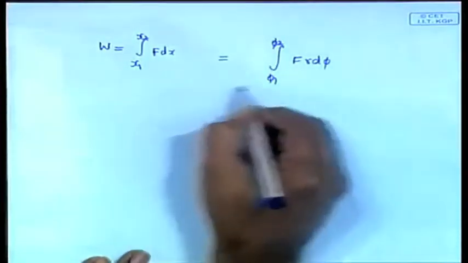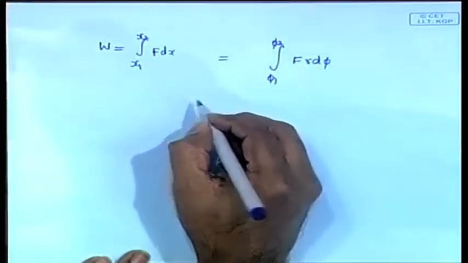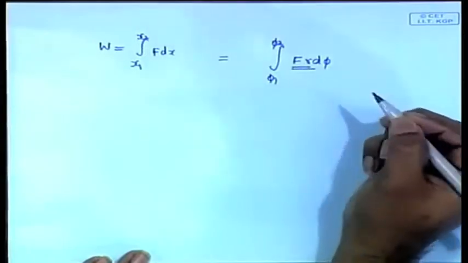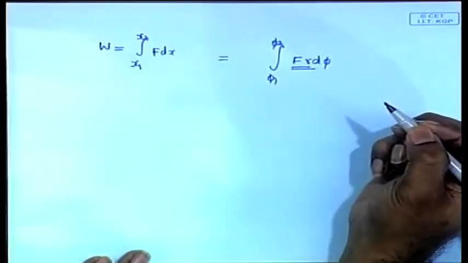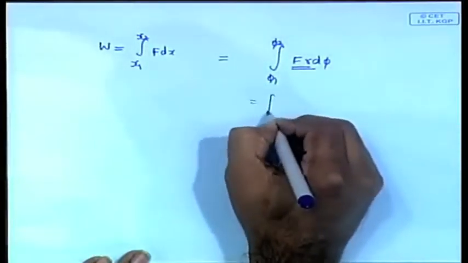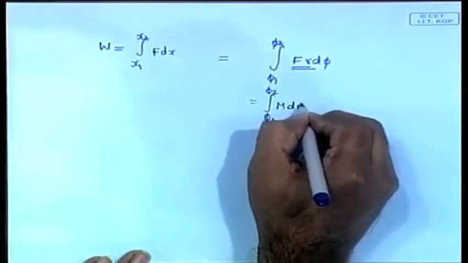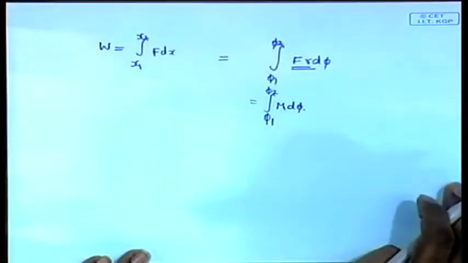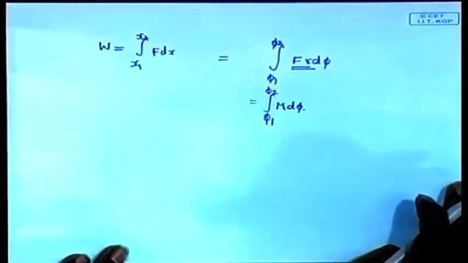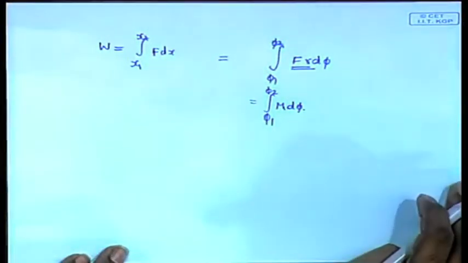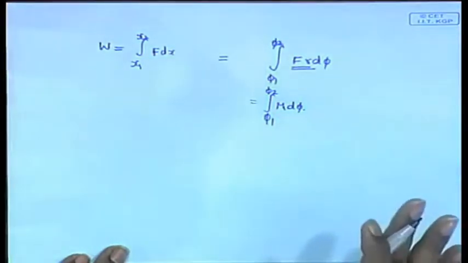Therefore we write W like this. Now this f into r we combine together and write it as M, therefore this can be written as the integral of M d phi. Now suppose we give a heeling moment to the ship.